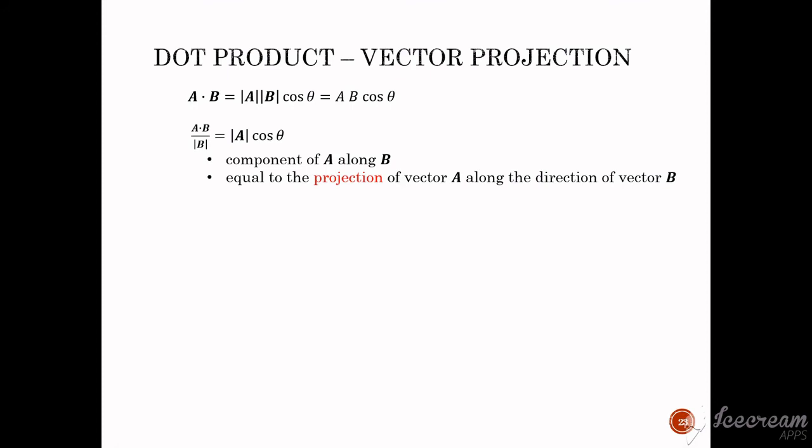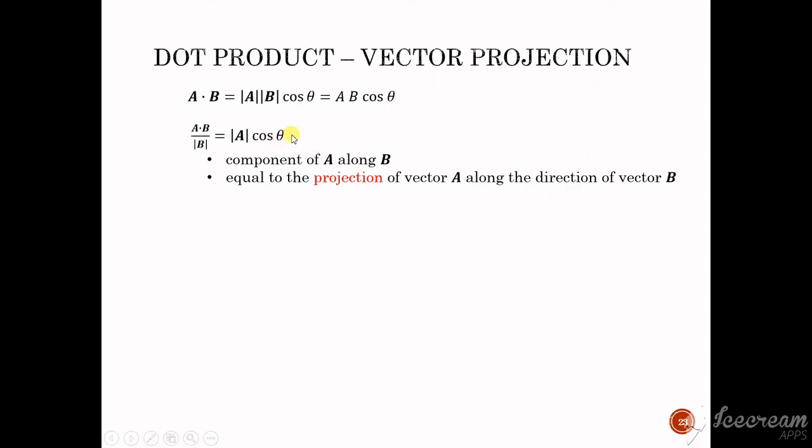Okay, so the equation of the dot product, we can use it in one more application. Apart from the previous example, which gives you the effective value, the equation of the dot product also will give you the vector projection.